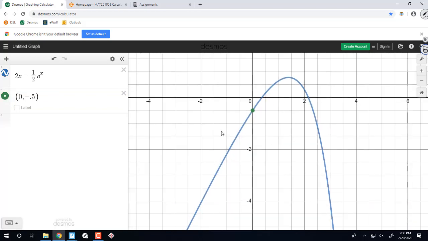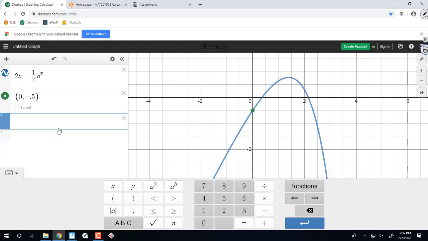So there's our function, and we found the equation of the tangent line at that point.